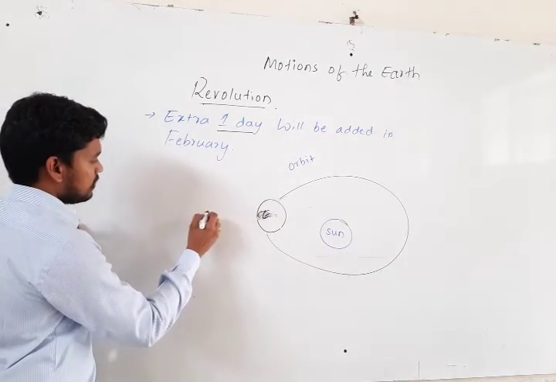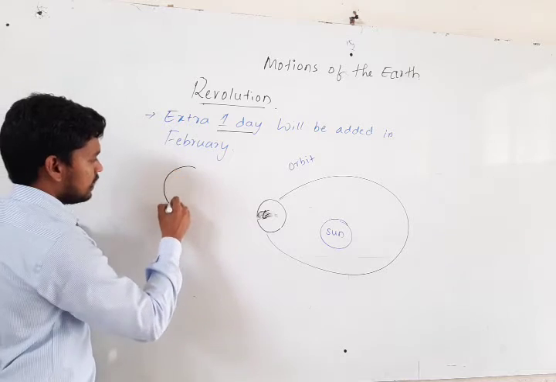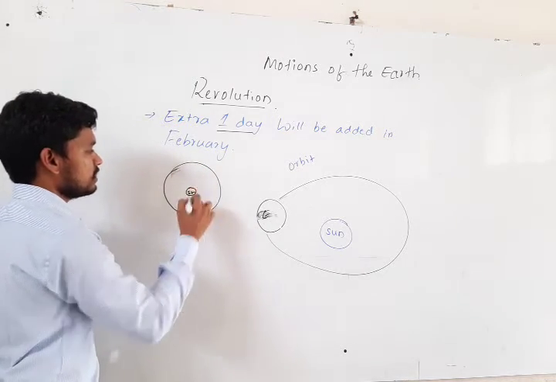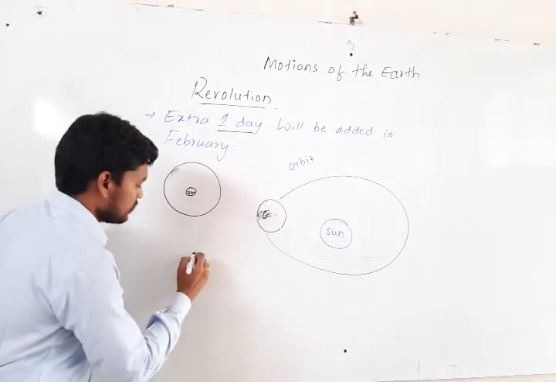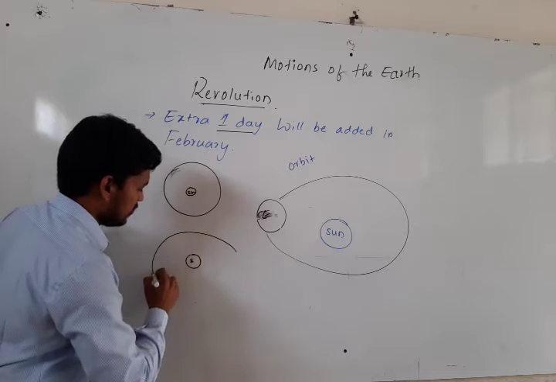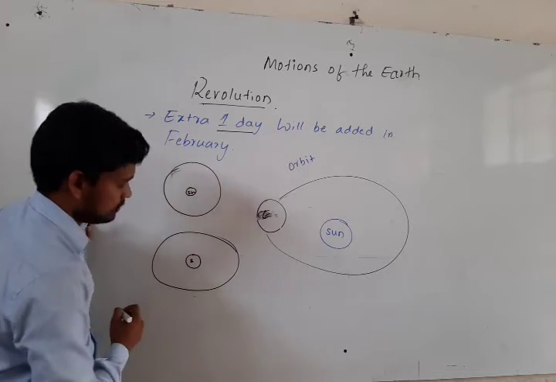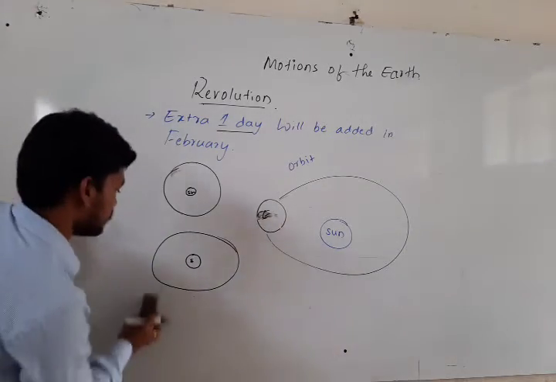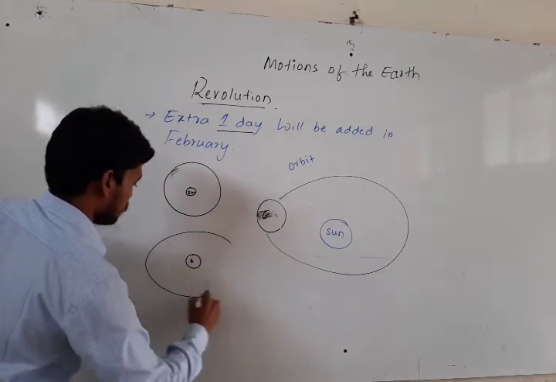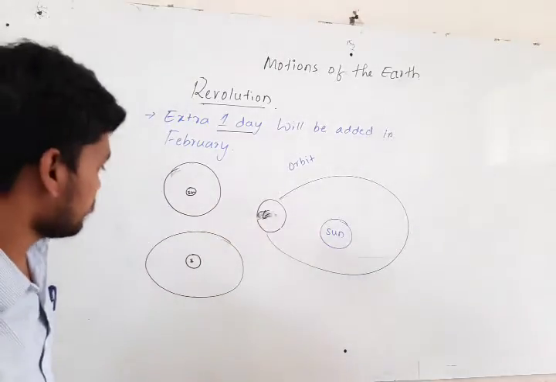So our Earth, which rotates around the sun, it's not exactly like this. Suppose it's the sun. It's actually like an egg, in the shape of this.